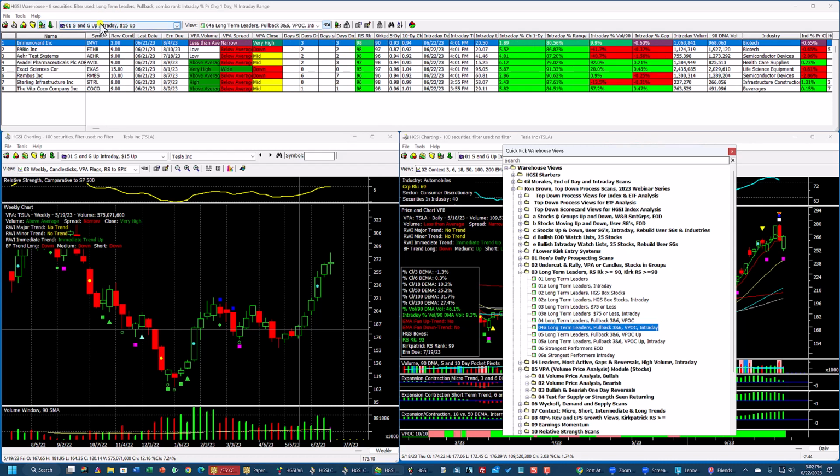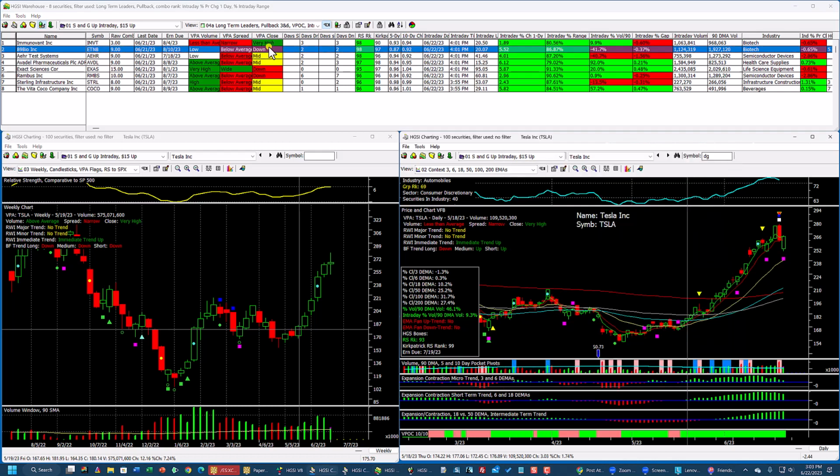This is why I like having this smart group where I can just click on it and then go in and prospect. So I can see that I'm looking at some long-term leaders that have pulled back on the 3 and the 6 and the VPOC. Both of them have pulled back, but they're up today. So this is an opportunity.